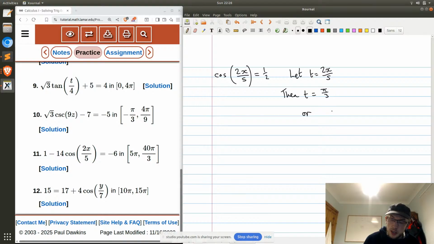Take away pi over 3 from 2 pi. That's all you have to do to get the other one, to get the other side of the valley. So 2 pi take pi over 3. So 1 2/3 of pi, which is 5 pi over 3. And that's enough.